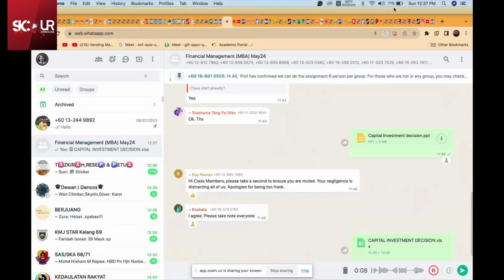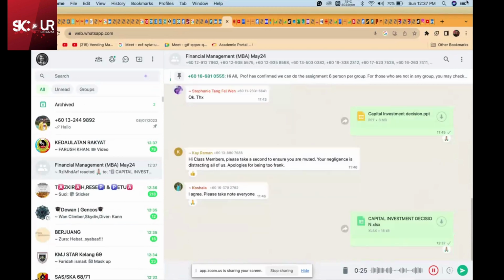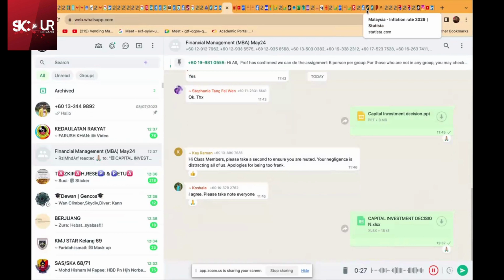So I need to organize. I will try to settle within 20 or 30 minutes, and after that I will open back. For right now, my battery is almost exhausted.